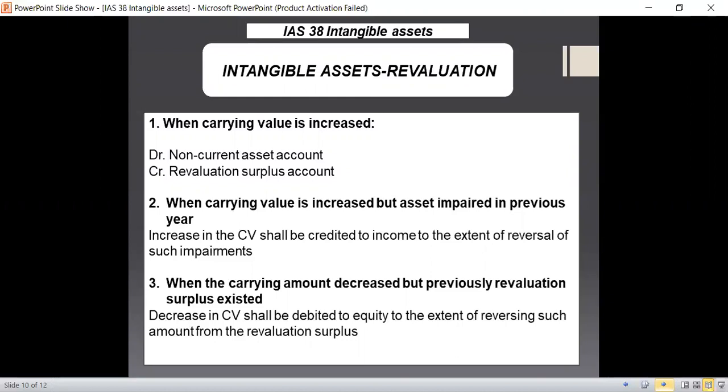Then, if there is a decrease in carrying amount, it should be debited to the expenses in SOPL. But logically, if the asset was previously revalued to the revaluation surplus, then the decrease in carrying amount shall be debited to the equity to the extent of reversing such amount of revaluation surplus. So this is how we measure our intangible assets when the revaluation model is being applied subsequently.